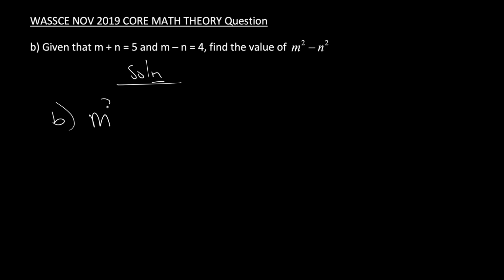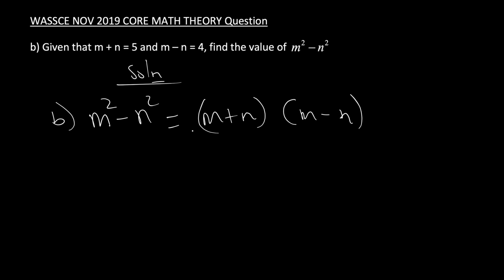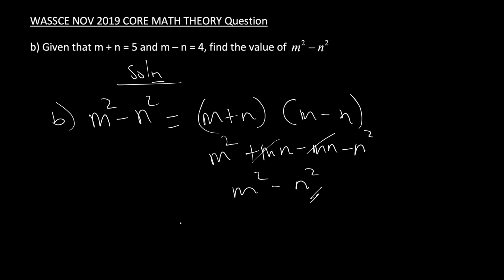So m squared minus n squared is equal to (m plus n)(m minus n). So when we multiply, you get m squared plus mn minus mn minus n squared. This cancels this, so we have m squared minus n squared. All right.